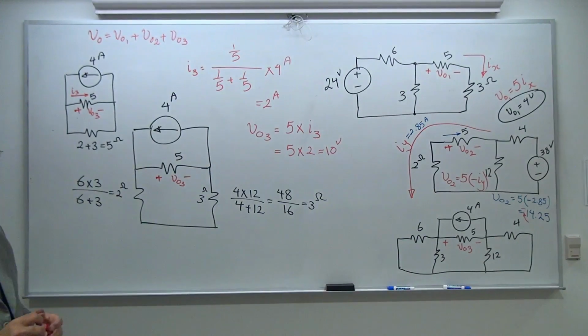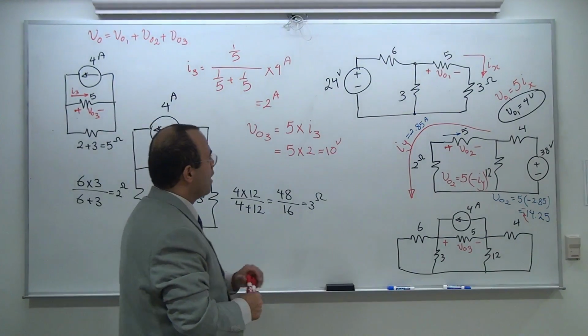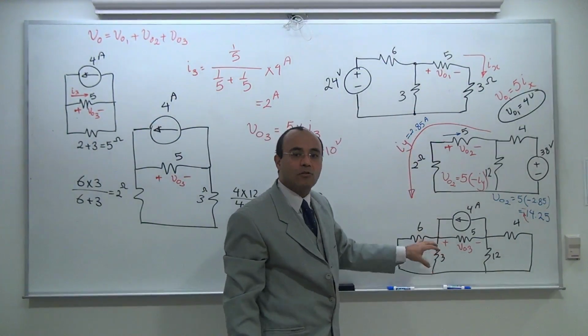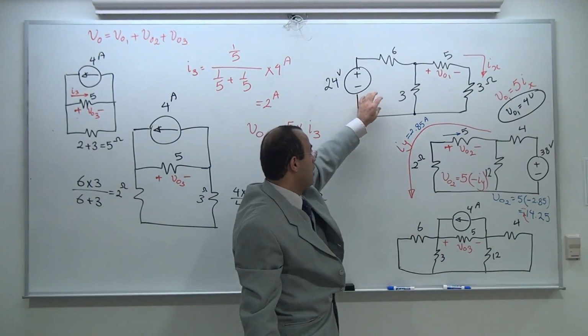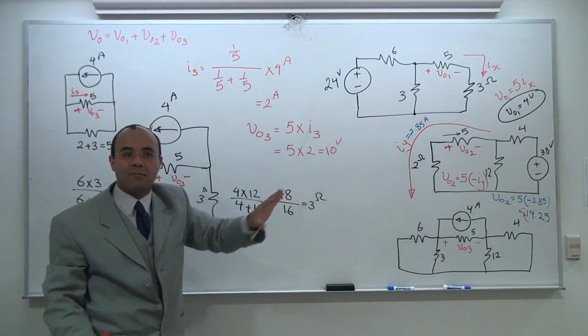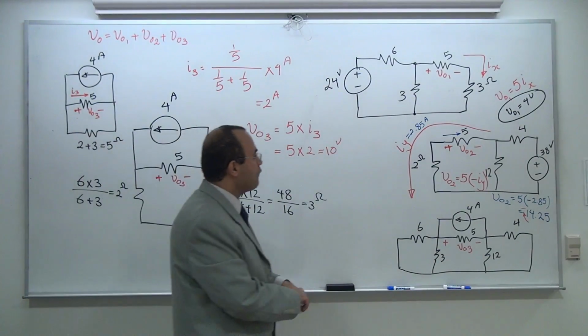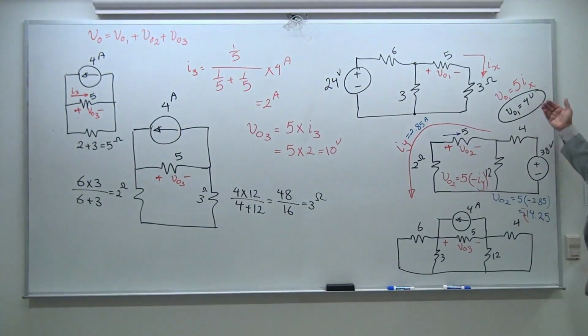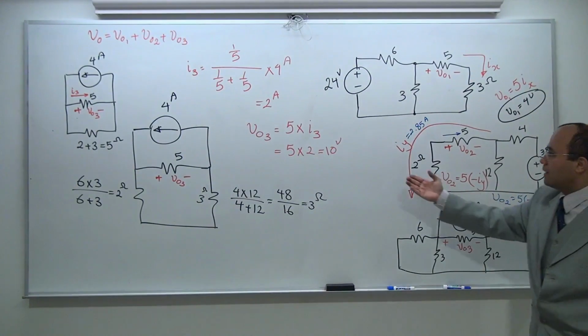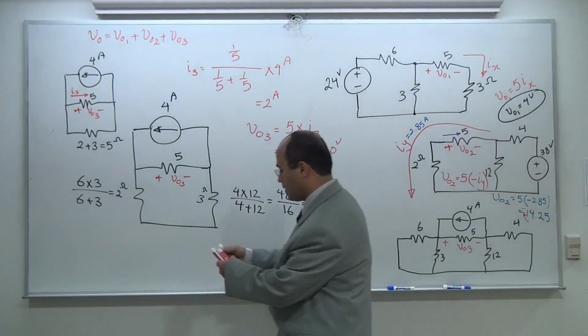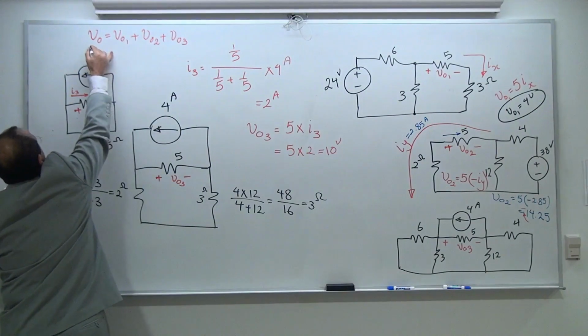What did I do? It was a lengthy process. I broke down the design into 3 sub-circuits. I studied each one of them however I wanted. I found the contribution. First contribution is 4, the next contribution is minus 14.25, and the next contribution is 10. I simply need to go in, and I'm going to apply this.